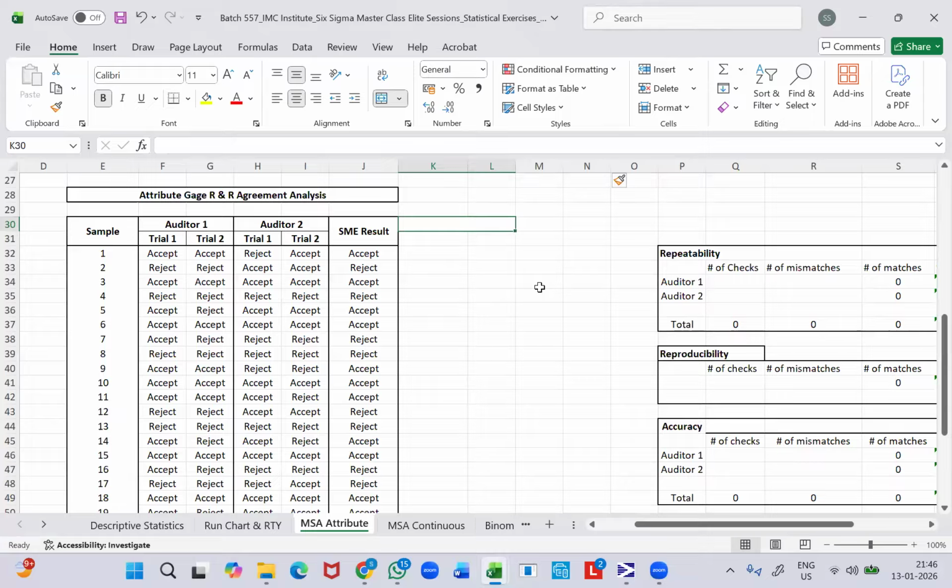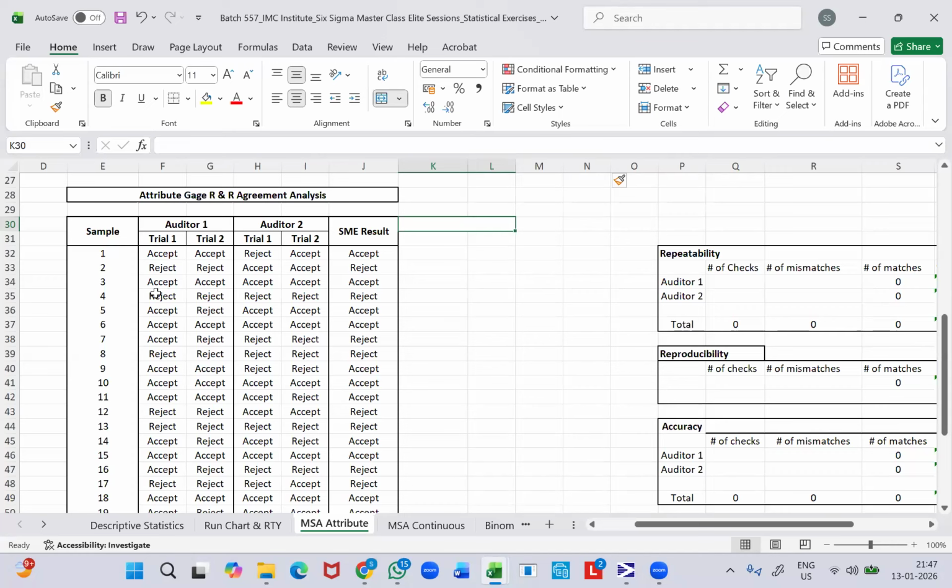So we can have either two trials or more than two trials as well, right? So minimum we need to have two trials. So only when we have two trials conducted, we can even calculate this repeatability metric. Clear?